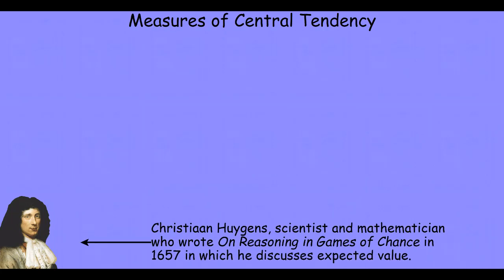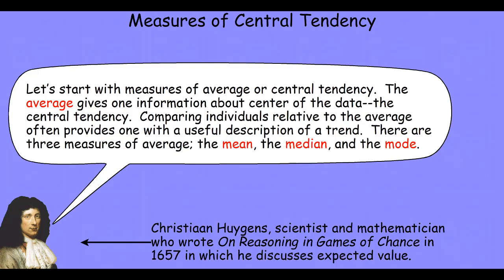Remember, this is Christian Huygens. He's the scientist and mathematician who wrote On Reasoning in Games of Chance in 1657, in which he discusses expected value, a measure of central tendency. So let's start with measures of average or central tendency. The average gives one information about the center of the data, the central tendency.